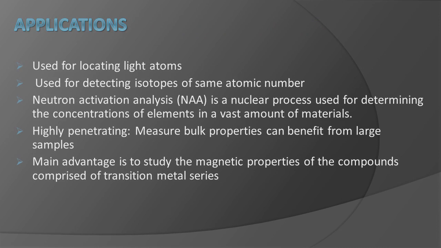The applications of neutron diffraction: it is used to locate the light atoms. Since neutron is used as a source, it is useful to detect the various types of isotopes. As you know, isotopes of the same atomic number can be identified by using this neutron diffraction method, and it is useful for nuclear activation analysis in nuclear processes for determining the concentration of elements.